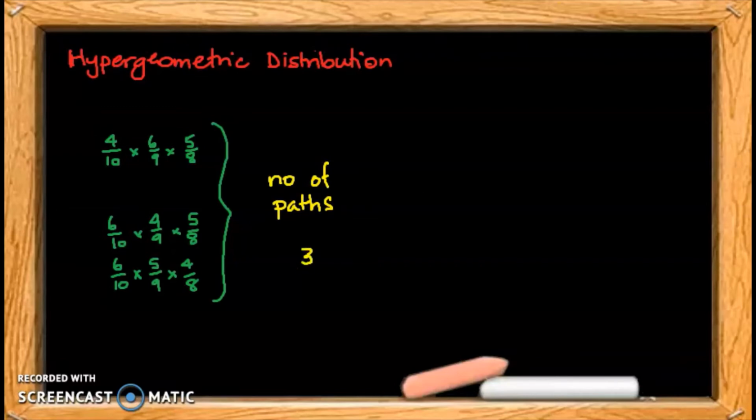And then we need to multiply that by the value of each path. And we know now that the value of each path is the same. And therefore, we can calculate the probability that I have 1 desired item or 2 non-desired items, which is what I looked at.